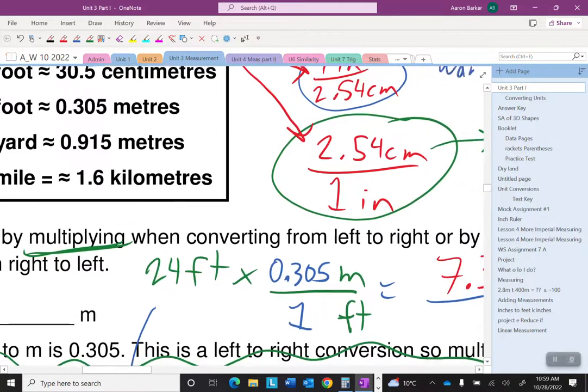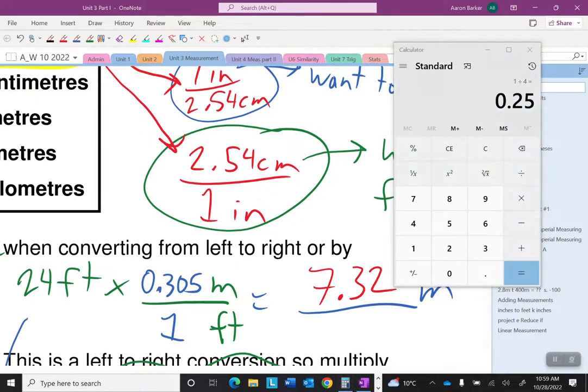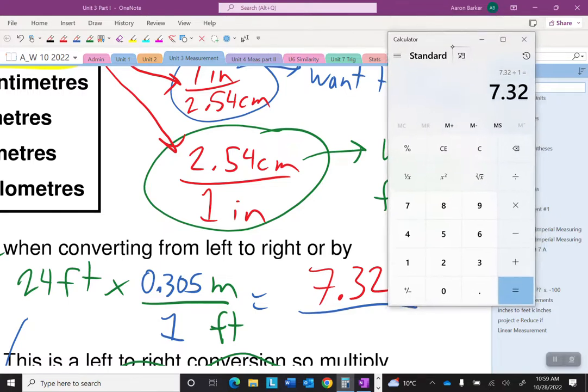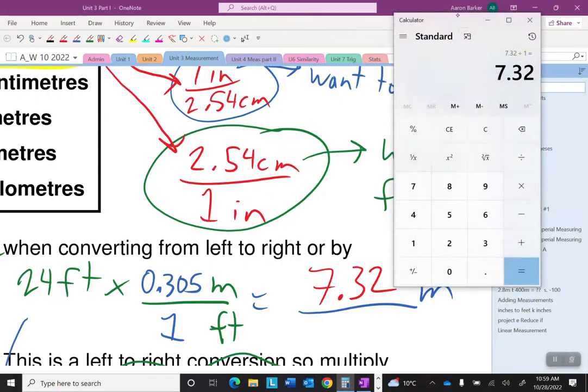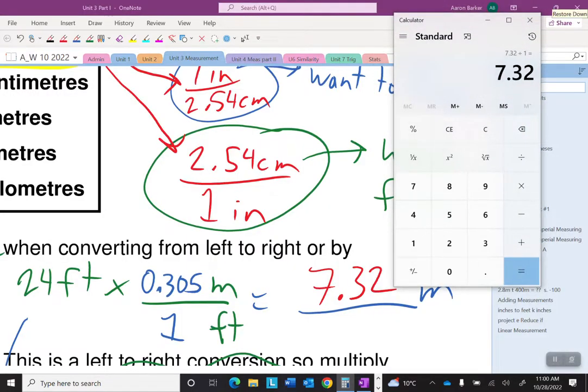So then we go to our calculator, and it's as easy as it looks. We simply go 24 feet times 0.305 divided by 1, 7.32. And that's our answer, okay? 7.32 meters. Okay. Any questions?